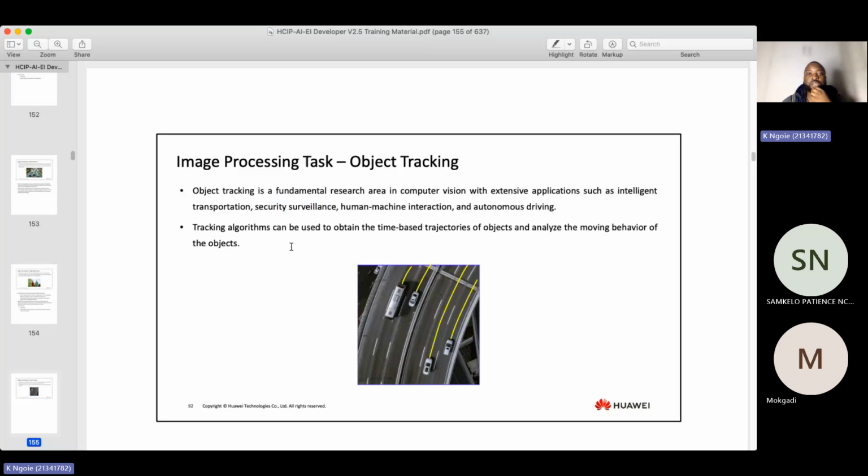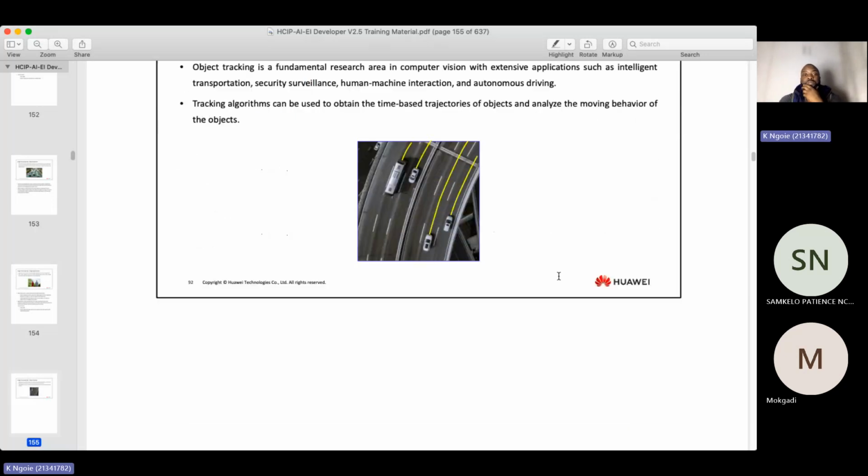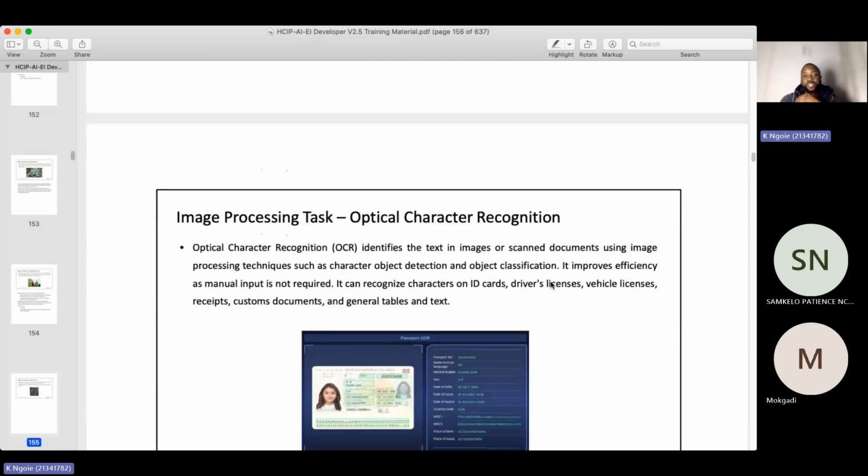So this is object tracking. So easily the system is not just going to get an object once, but it's going to get data of an object during a certain time. So object tracking can be used to obtain the time-based trajectory of objects and analyze the moving behavior of the object. So it's not just identifying the object, but it identifies the object and it moves along a certain scale of time.